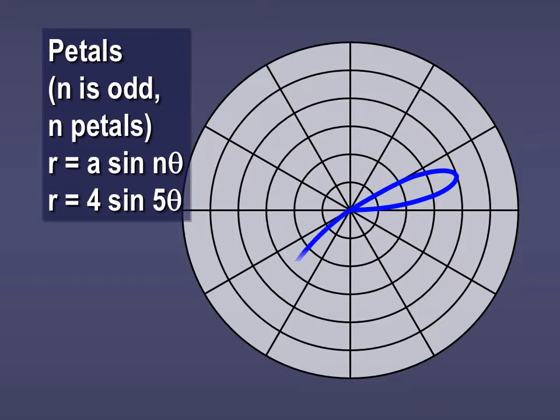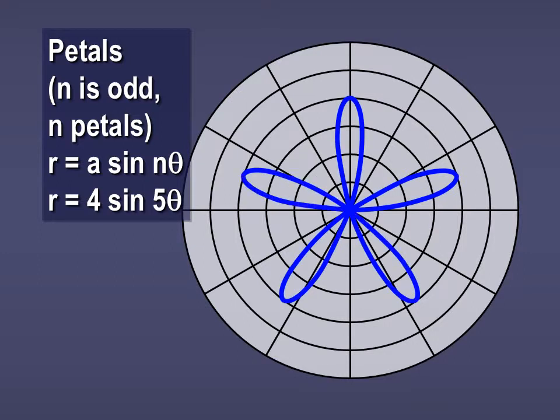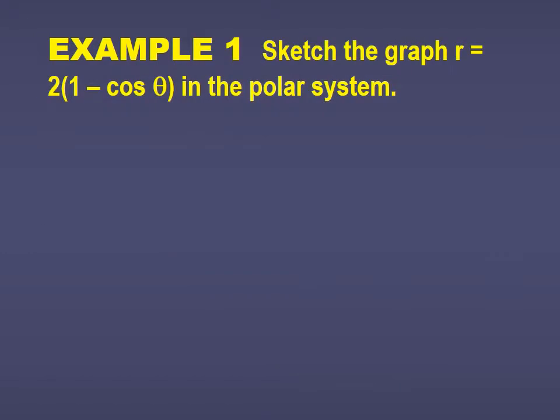So when you draw your petals, they will be 1, 2, 3, 4 from the origin because your a value tells you that. So that's a neat way to be able to graph these petals without using a calculator, is knowing that information.